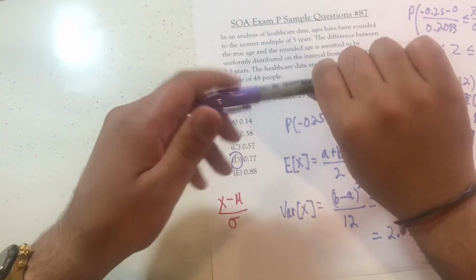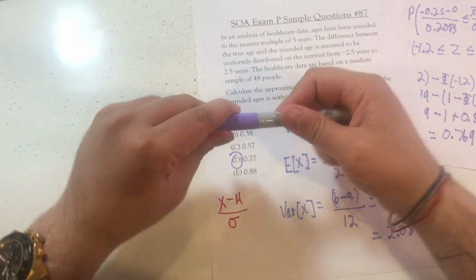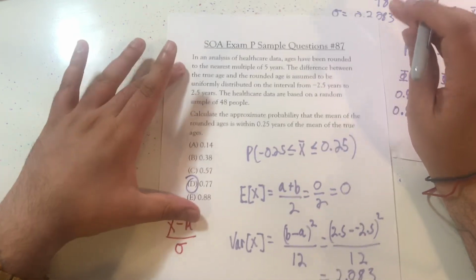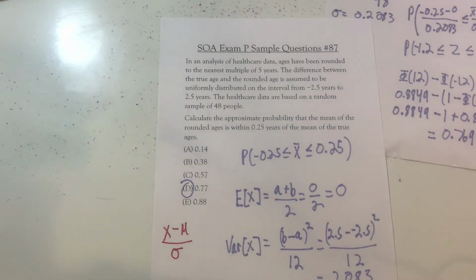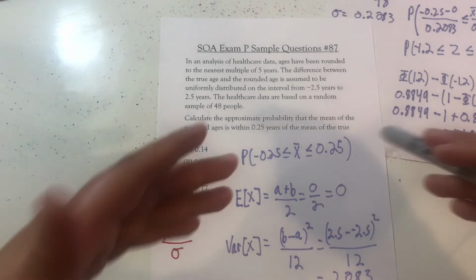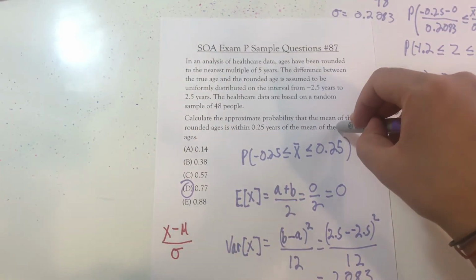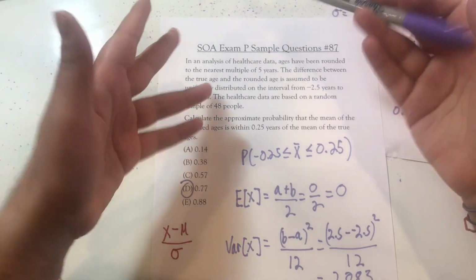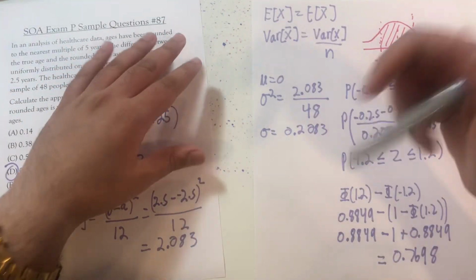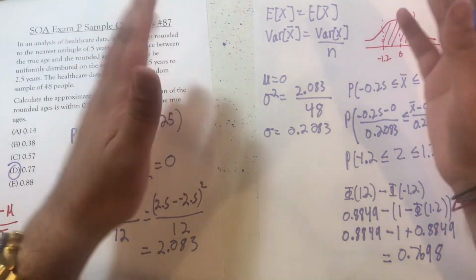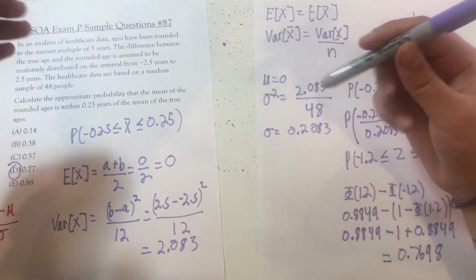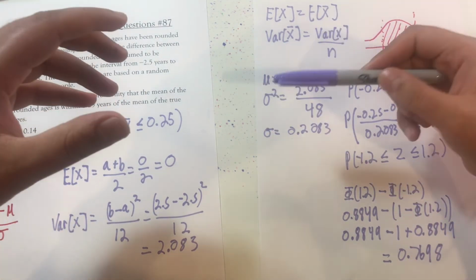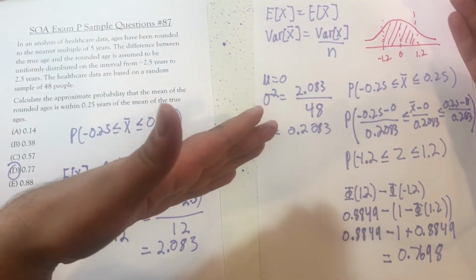Okay, so a few important takeaways from this problem. The main one being the difference between using central limit theorem to find a mean versus using central limit theorem to find information about a total. With a total, you could just multiply the number of items, n, by the individual expected value and variance to get the new expected value and variance.